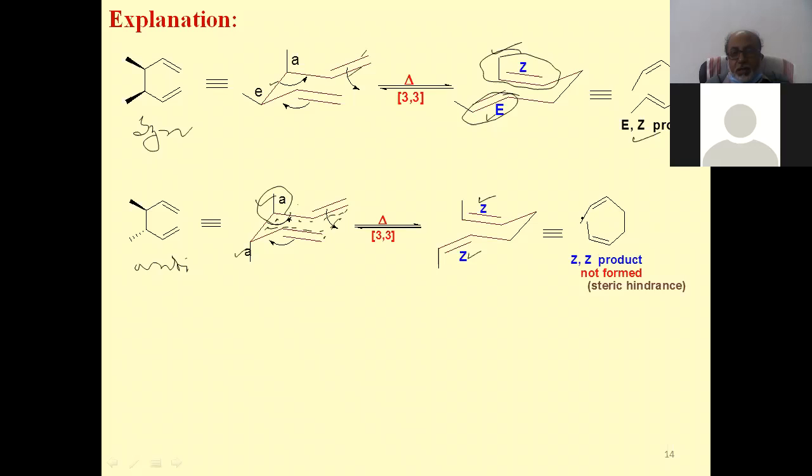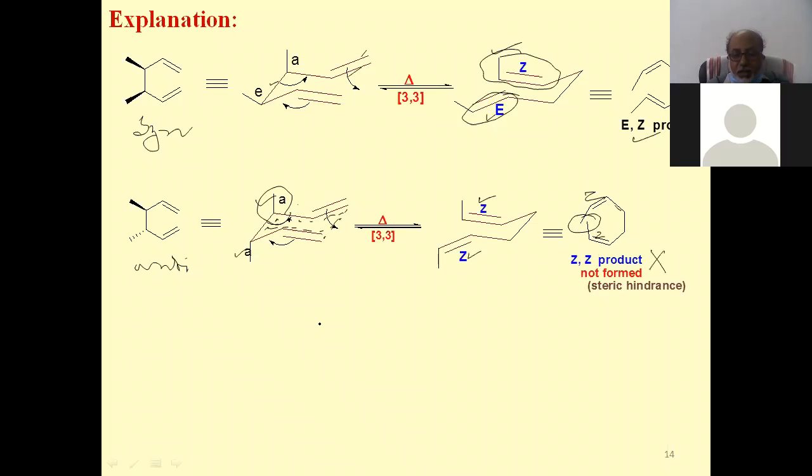If these two Z are like this, then these two methyl groups will be interacting with one another. That means it will be very much sterically crowded. When it is sterically crowded, this product is not going to be formed.